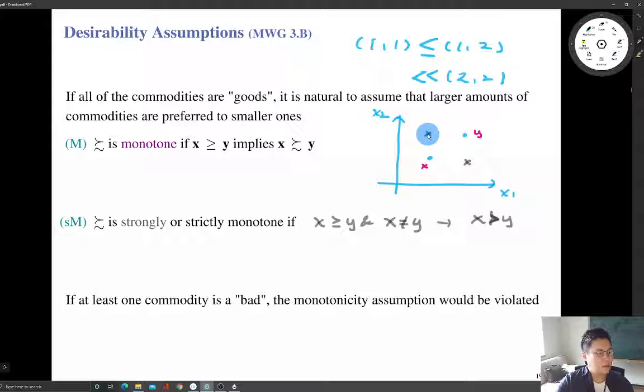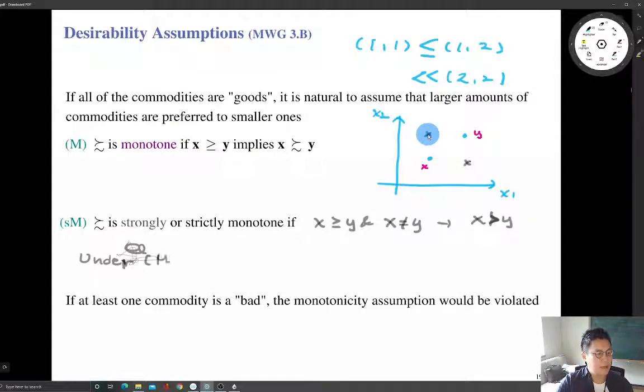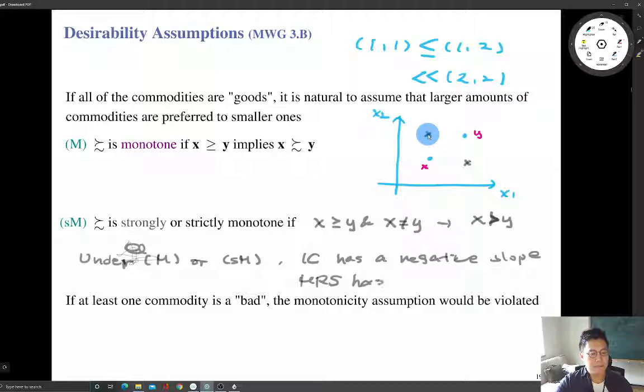So under either M or SM, the indifference curve has a negative slope. In other words, the MRS has a negative value, because the marginal rate of substitution indicates the slope of the indifference curve.